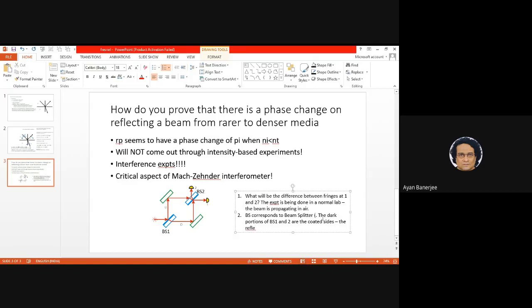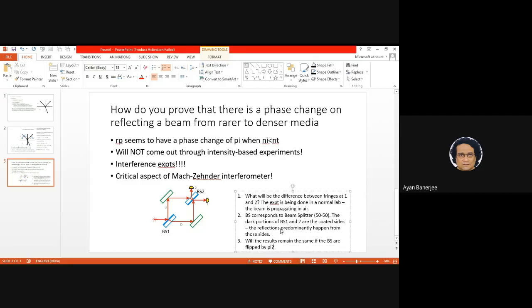Okay, the 50-50 are the coated sides. The reflections predominantly happen from those sides. My question is, will the result remain the same if the BS are flipped by pi?